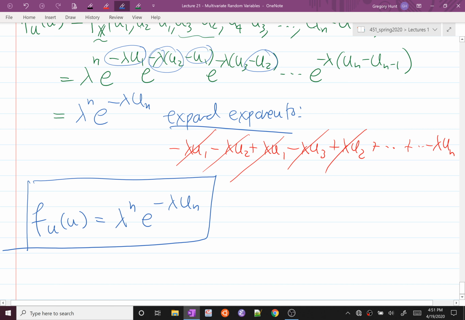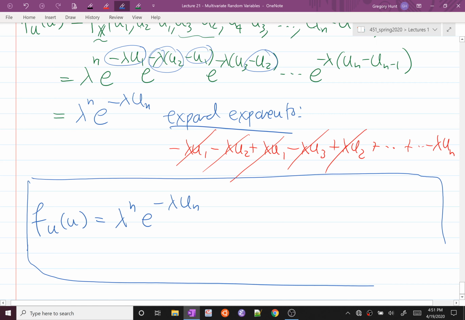Kinda. There's a condition that this is true. What has to be true about these? This is true as long as we have a certain order: u1 is between 0 and u2, u2 is between u1 and u3, etc. So all of these ui's have to be ordered.